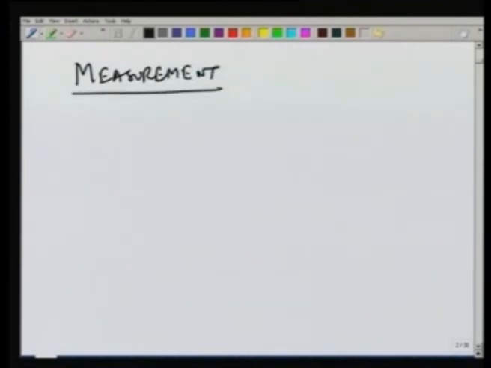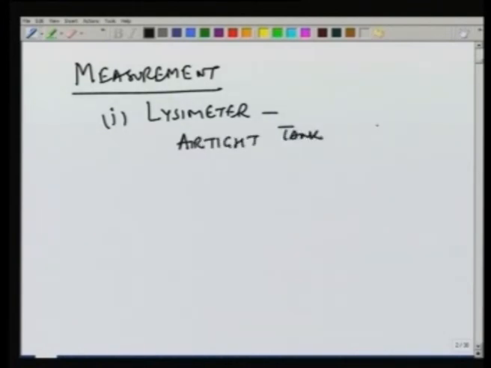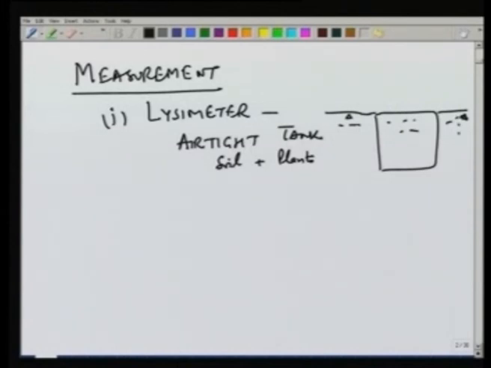Measurement of evapotranspiration. The first method which is typically used is known as a lysimeter, which is an airtight tank filled with soil and some plants, and this will be placed at the ground level, so that the level of soil in the lysimeter and the surrounding area is the same.